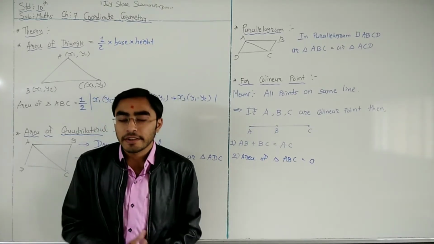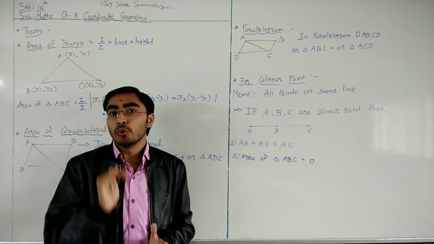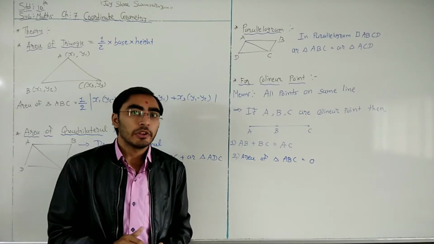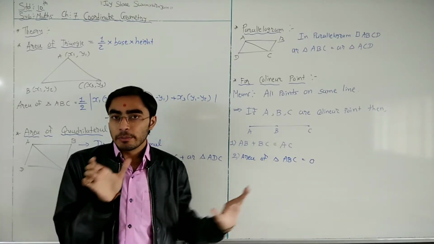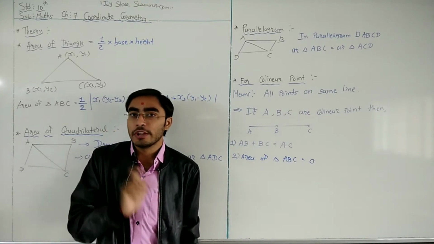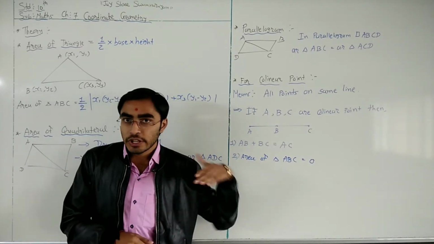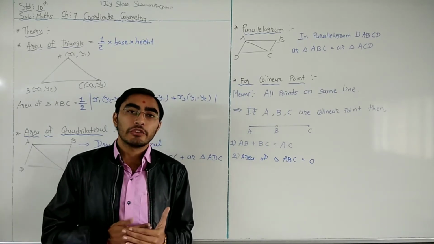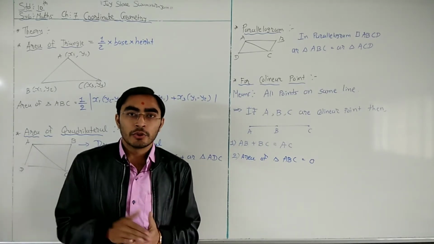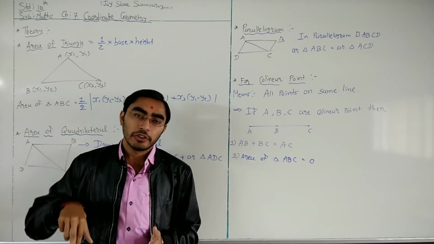Then for a right angle triangle, half into the product of two legs, that means excluding the hypotenuse, the multiplication of the other two sides into half. Then by Heron's formula, area of triangle is equal to under root S in bracket S minus A, S minus B, and S minus C, where S is the semi-perimeter.